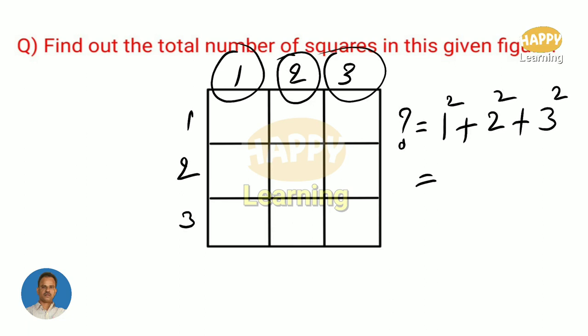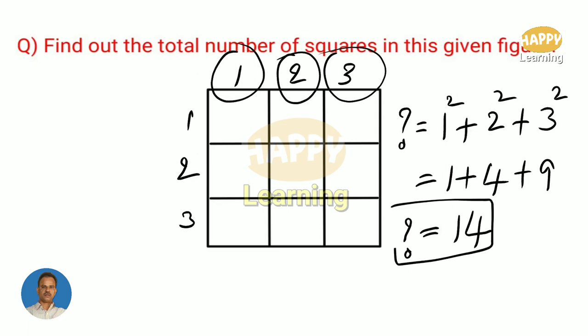That is equal to 1 plus 4 plus 9, that is equal to 14. So in a 3 by 3 grid, we have a total of 14 squares.